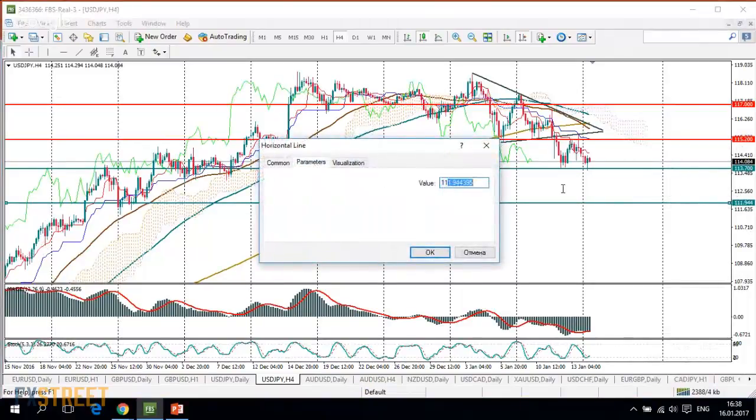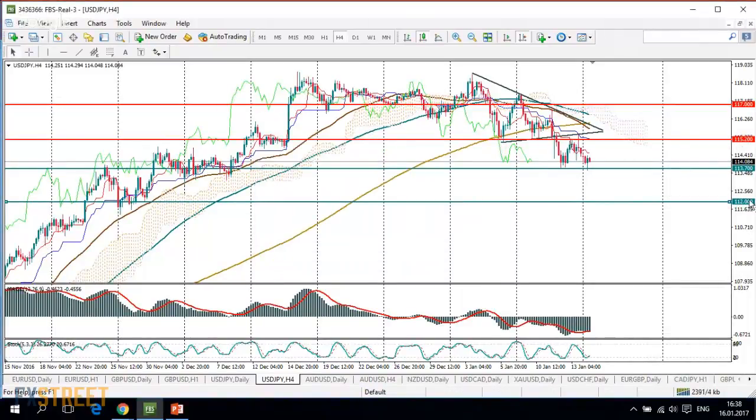Let's put it on the chart. The decline and settlement below 113.70 will surely mean that another leap to the downside will take place, but we think that the pair should find good support around the 112 mark.